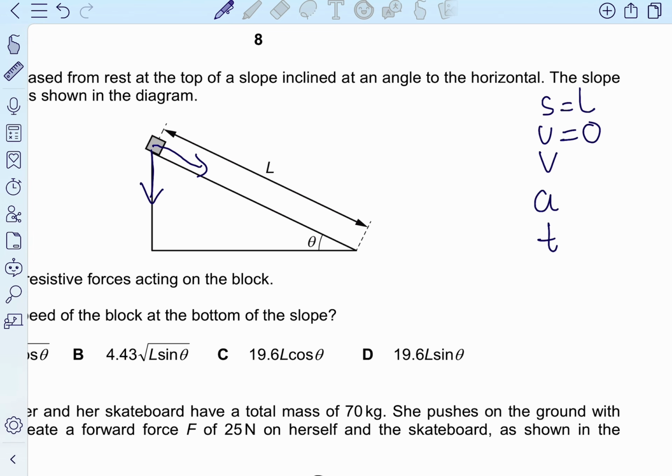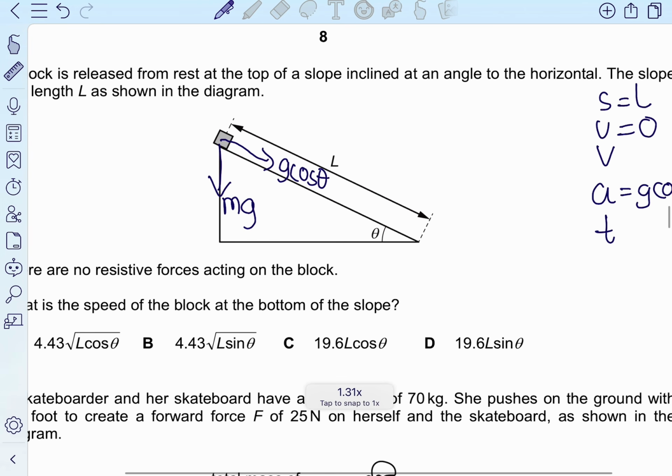Normally it would be the mass into g, but let's say the mass is 1, so let it be g cos theta, parallel to the slope. So acceleration is g cos theta, where g is 9.8.